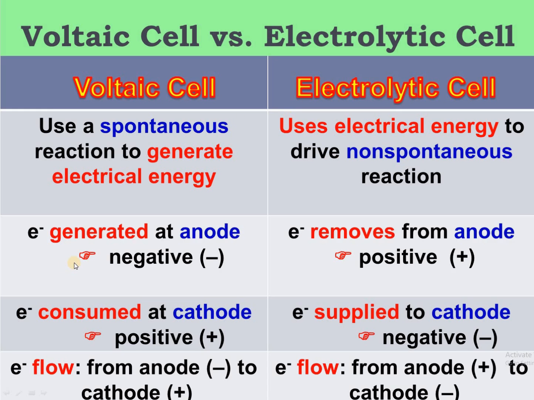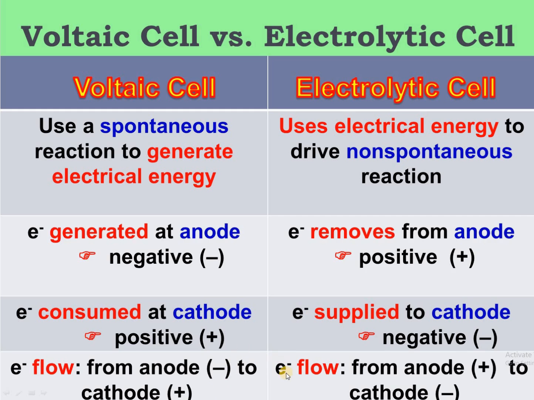Second, in a voltaic cell, electrons are generated at the anode, so the anode has a negative sign. In an electrolytic cell, electrons are removed from the anode, so the anode in an electrolytic cell has a positive sign. And third, electrons are consumed at the cathode, so the cathode in a voltaic cell has a positive sign. In an electrolytic cell, electrons are supplied to the cathode, so the cathode in an electrolytic cell has a negative sign.